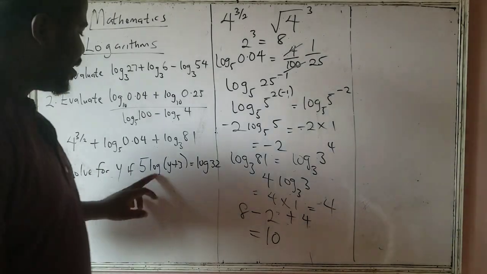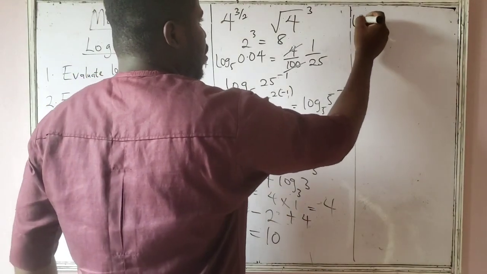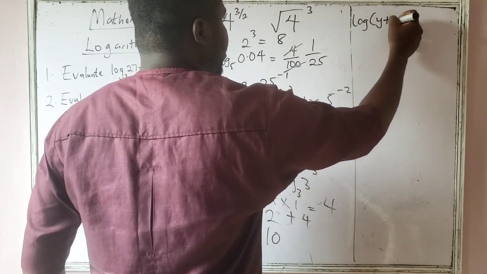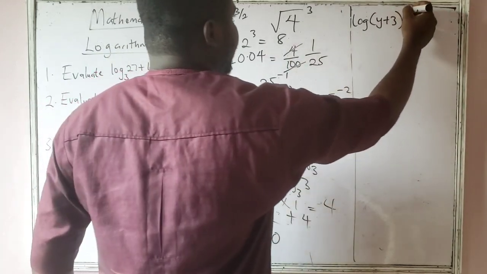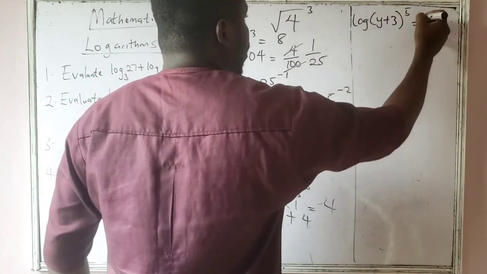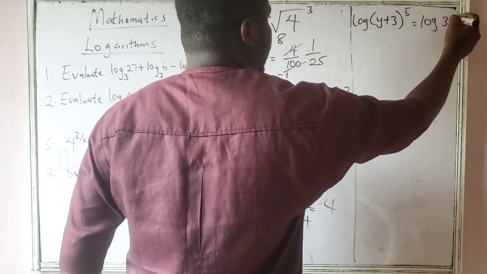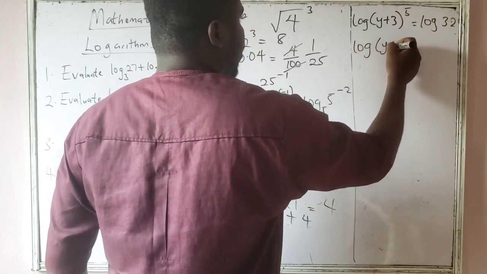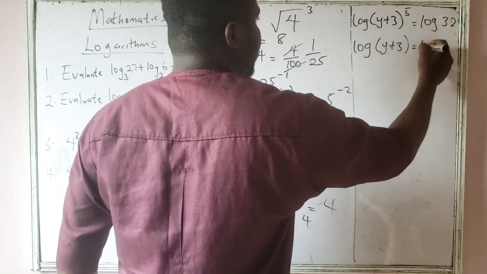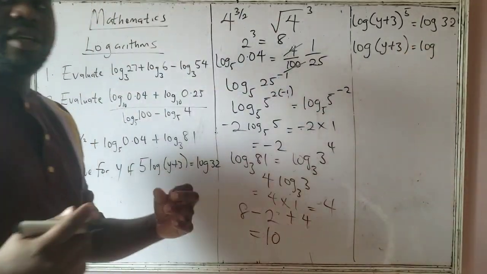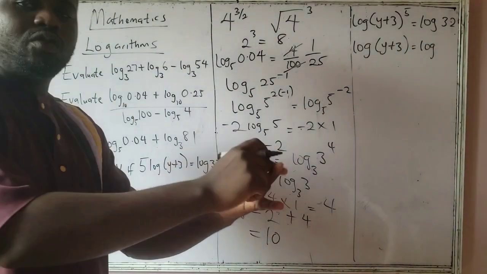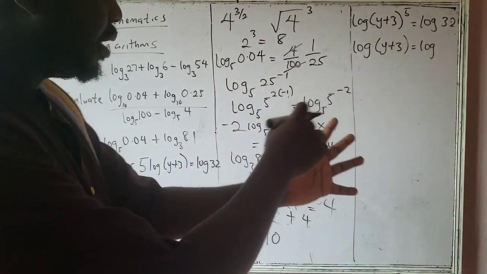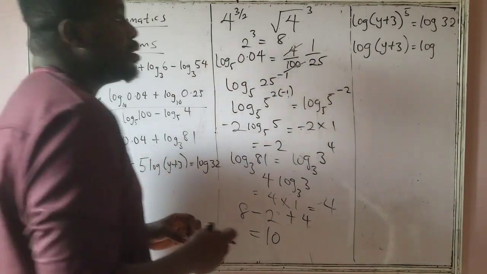We can actually write it like this as log y plus 3 raised to power 5 is equal to log 32. And actually, we should know that 32 is still 2 raised to power 5. 2 times 2 is 4, times 2 is 8, times 2 16, then times 2 32.